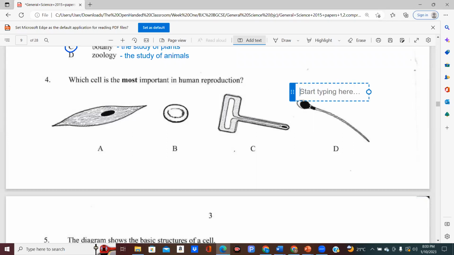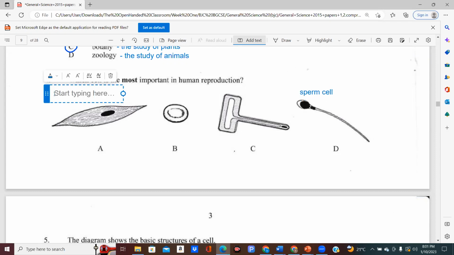A sperm, a singular sperm. Sperm cell, very good. D is a sperm cell. What is A? A smooth muscle cell. Very good. Smooth muscle cell. What is B?